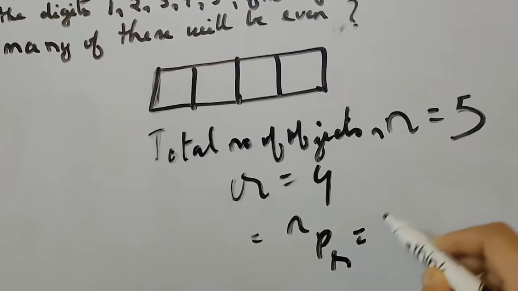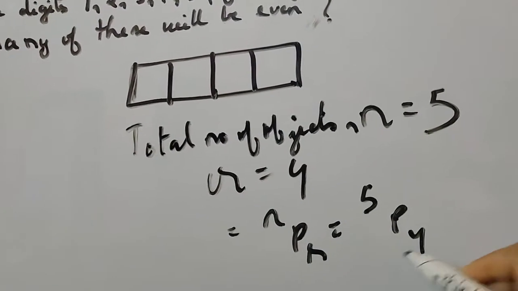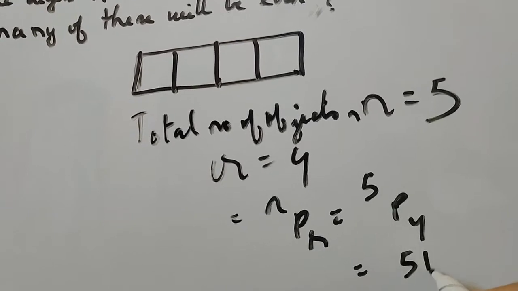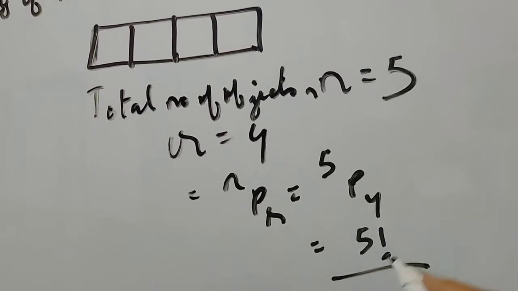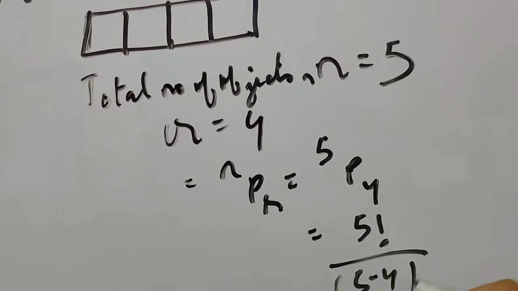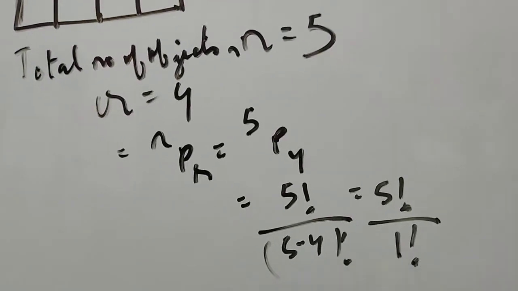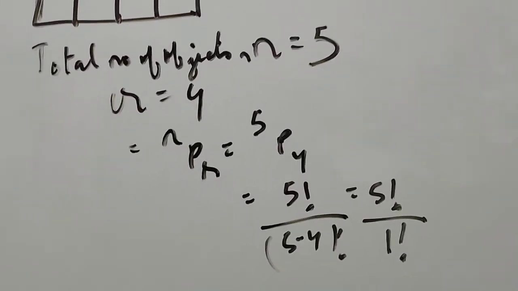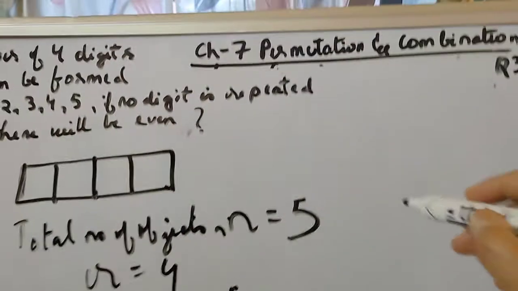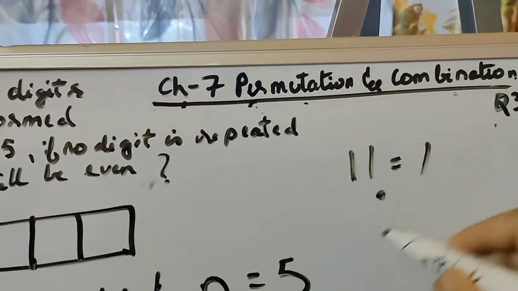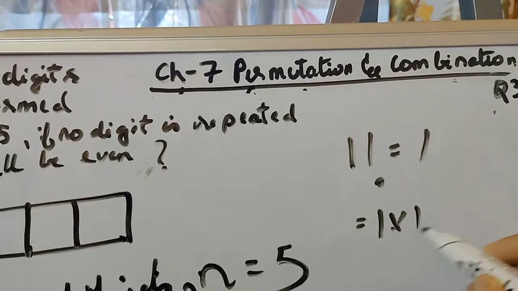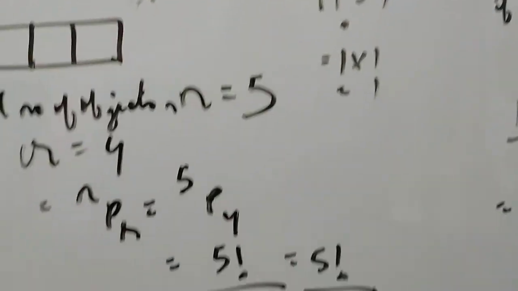nPr is your formula. Put 5P4. Now solve: 5 factorial divided by (5 minus 4) factorial. That is 5 factorial divided by 1 factorial. 1 factorial is 1 only. Remember, 1 factorial is 1 only. That is 1 into 1, I will get 1.